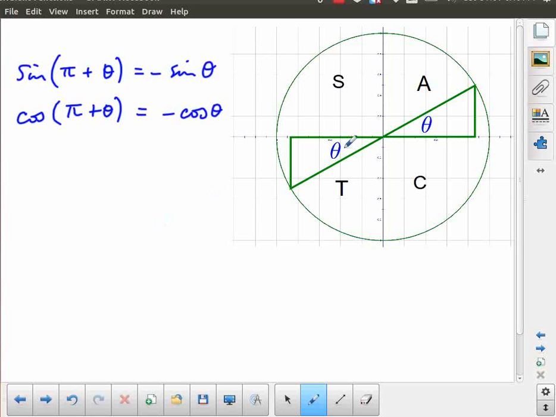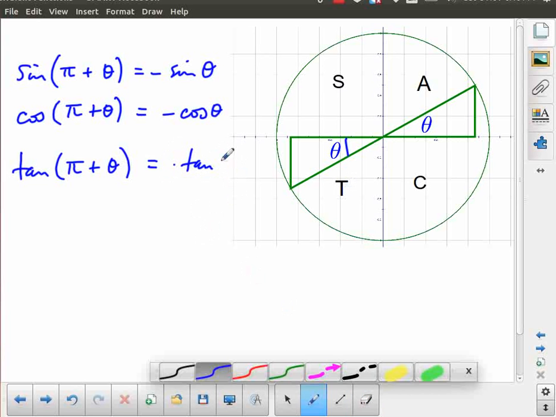Again, theta is my related acute angle here. And the tangent of pi plus theta is going to be the tangent of theta, the tangent of the related acute angle, but the CAST rule says that tangent is positive here, which of course we don't normally write as positive.